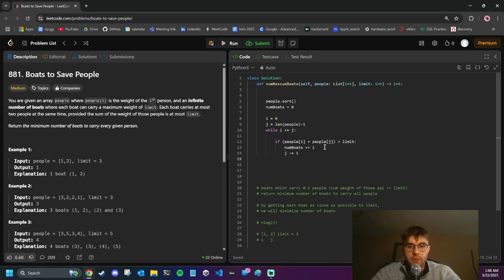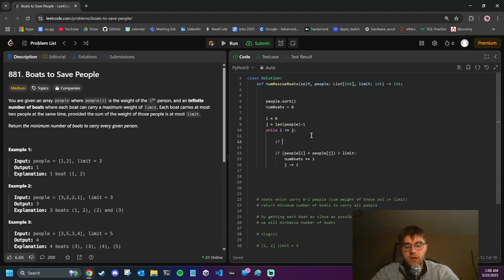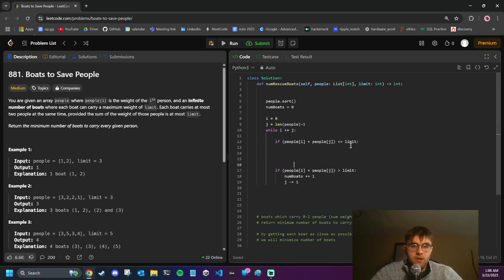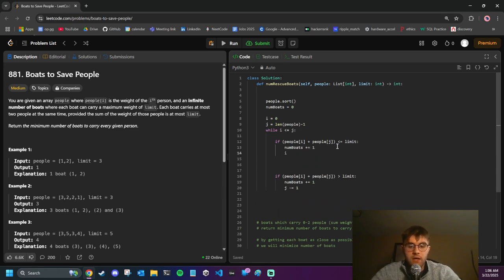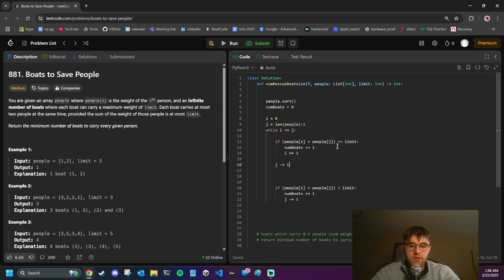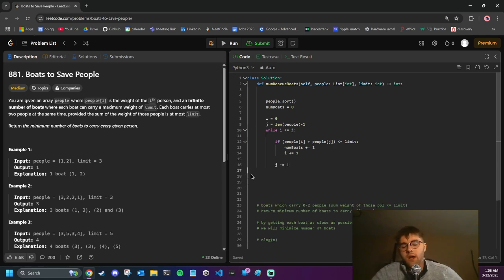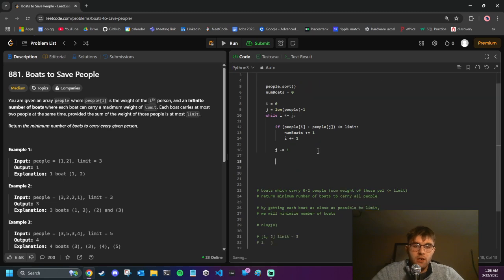So I'm going to reverse the logic on this. j will move no matter what, but only sometimes i will move. I'm optimizing a little too early here, but hopefully it doesn't bite me. So if we can fit both of them, then num boats will go up by 1 and i will go up by 1. And then no matter what, j goes down by 1.